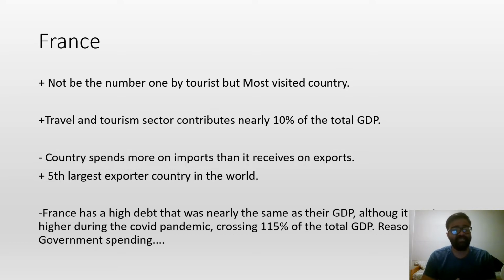One negative point is the country spends more on import than it receives on exports. And this country is ranked fifth as a large exporter country in the world. France has a high debt, nearly the same as the GDP. So it's a very crucial point because the government spends a lot for their people and for the society.